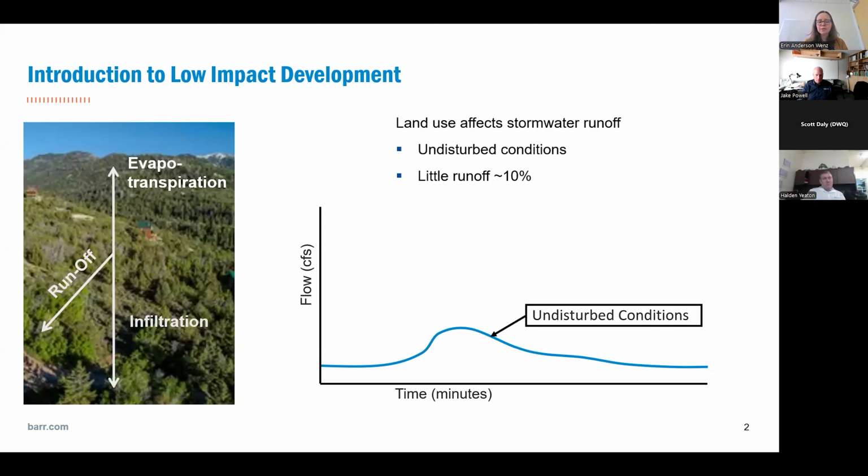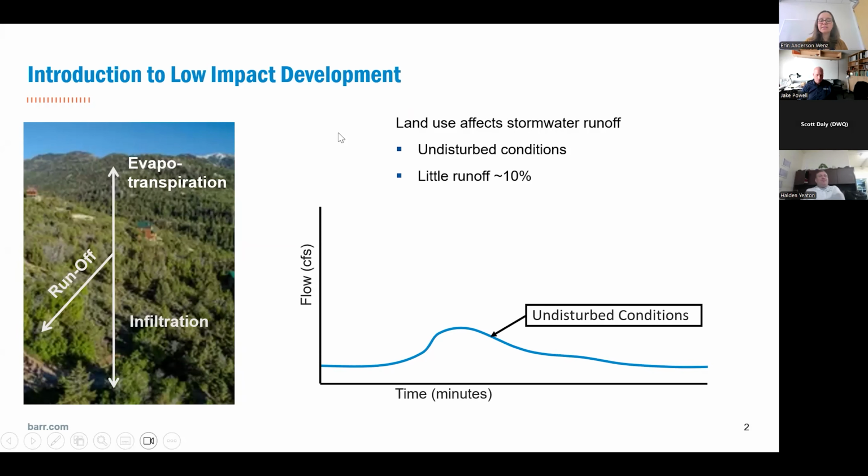What I'm showing here is an example, hypothetical stormwater runoff hydrograph, flow on the y-axis and time on the x-axis under native non-developed site conditions. So if you had land use that looked something like what you see in the left photo, you'd have flow over time that is relatively flat, a slow progression of stormwater running over a watershed.